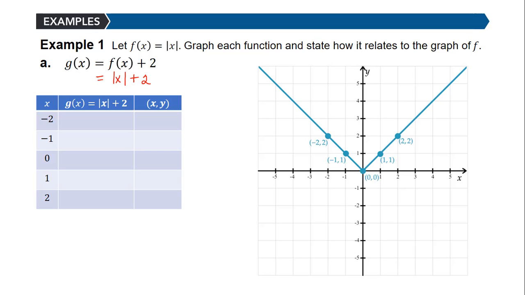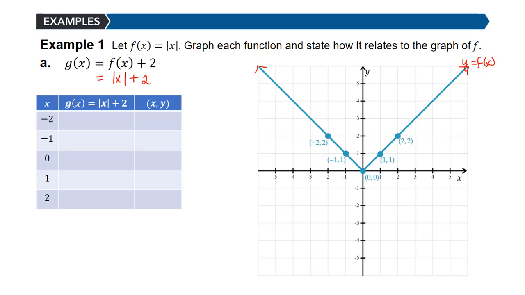We could certainly use our calculator, but I have a table of points. Notice that on my graph of f of x, I have the points (0, 0), (1, 1), (2, 2), (negative 1, 1), and (negative 2, 2) plotted, and then that V-shaped graph goes through those points.